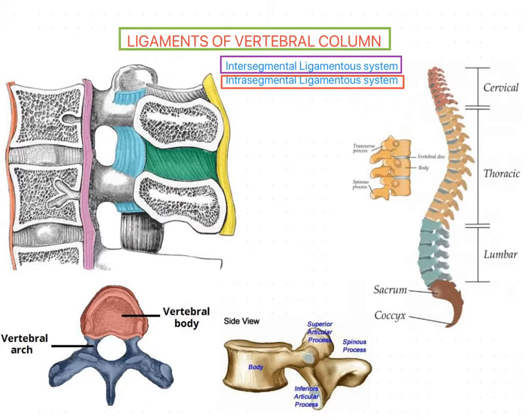In this session we are going to discuss these ligaments, which are described in the form of the ligamentous system of the vertebral column, and how these six ligaments are divided into various types of ligamentous system, and from where to where these ligaments are attached in the vertebral column.